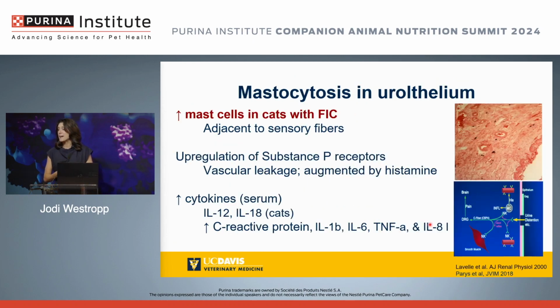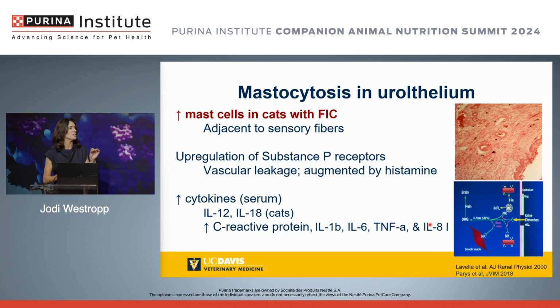As I mentioned, mast cells have been associated with this disease, and mastocytosis has been reported in the uroepithelium in both cats and humans. And what's interesting is that mast cells are pretty much adjacent to the sensory fibers, those really highly sensitive C fibers. So the thinking is when these degranulate, they may perpetuate some of the pain that's seen in this disease.